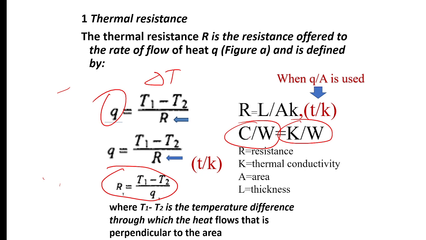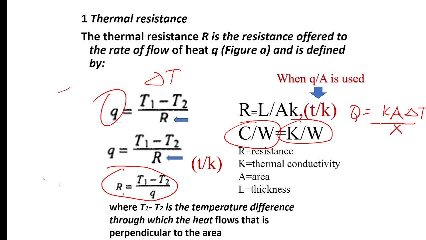So that equation comes from this equation in heat transfer: thermal conductivity K, then area A, times delta T over the thickness.